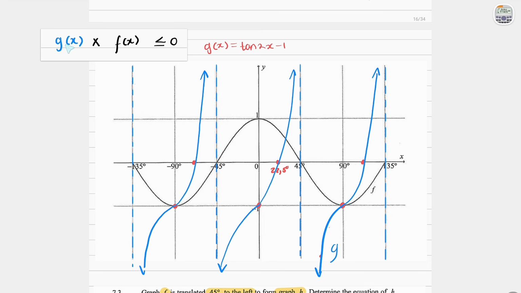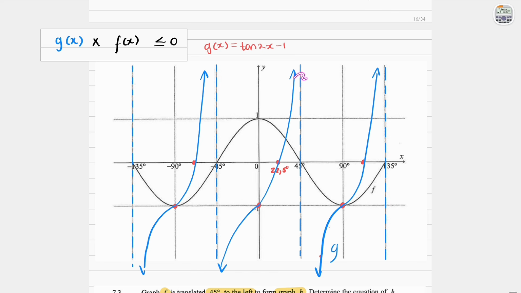If the graph of g has a y value of 0 and you multiply by any other value on the graph of f, for the same x value, of course, it will give you 0. So what we can do is mark all the places where both graphs would have a y value of 0. Graphs have a y value of 0 when they are on the x-axis, because that is an x-intercept. That is where y is equal to 0.